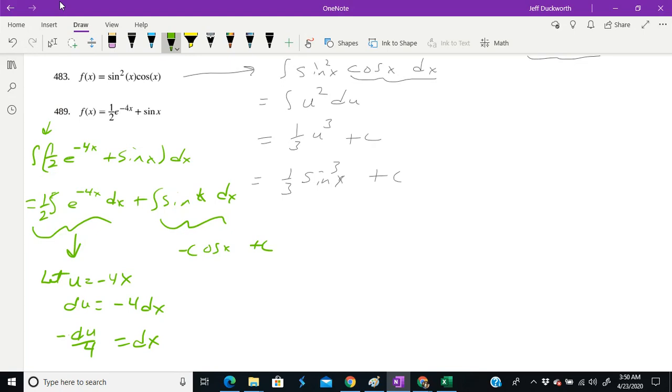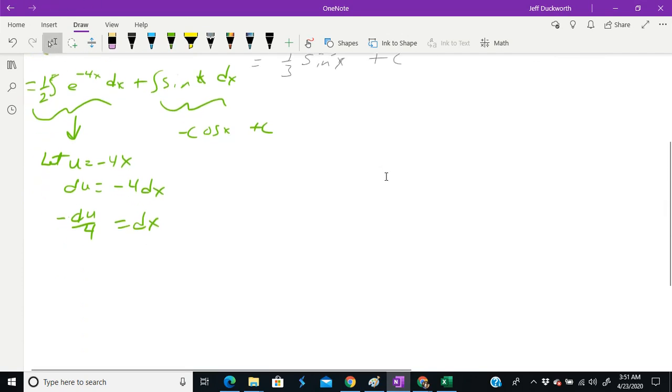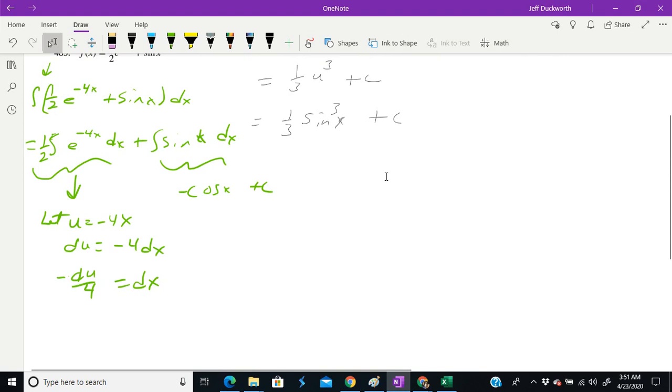Okay? So we're going to put our du in for dx and pull out a negative 1/4. So for this part we have 1/2 times negative 1/4 integral of e to the u du.